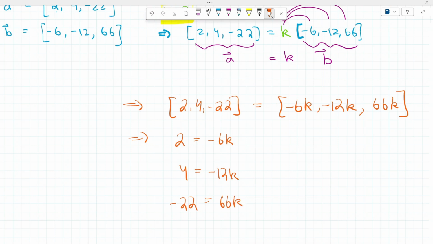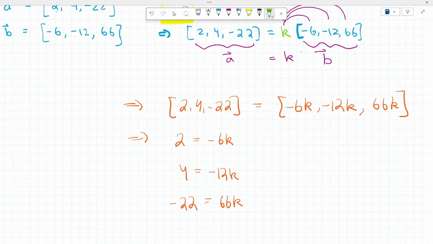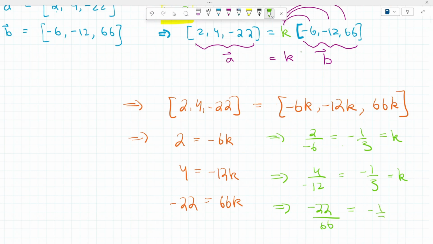And now let's solve for k for each one of these to see what we get. Solving this algebraically, we get that 2 over -6 equals -1/3, which equals k. Over here, we get that 4 over -12 equals -1/3, which equals k. And lastly, we get that -22 over 66 equals -1/3, which equals k.